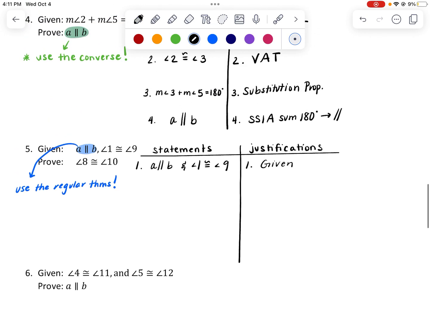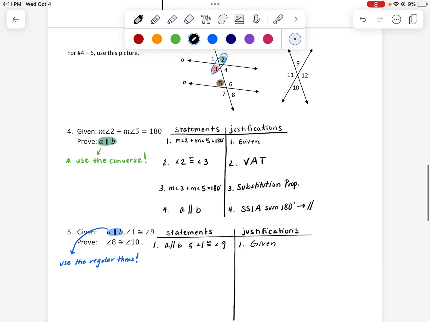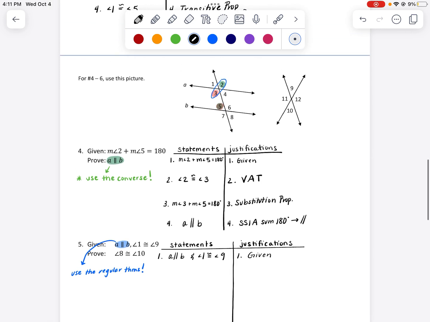If I look back at my picture, and I'm going to zoom out, and I erase from the previous problem, I know that 1 is congruent to 9. I'm trying to prove that 8 is congruent to 10.